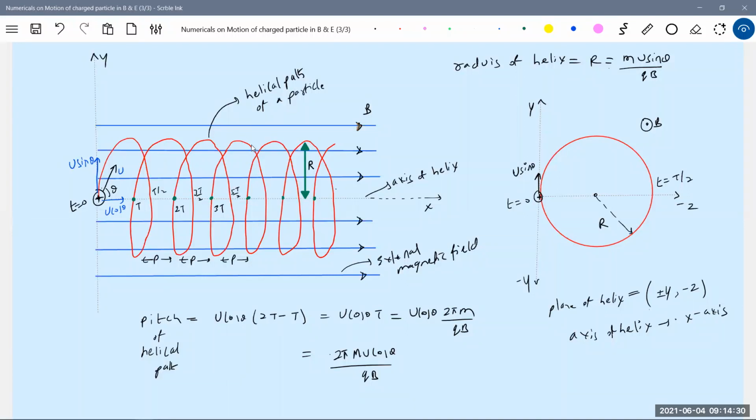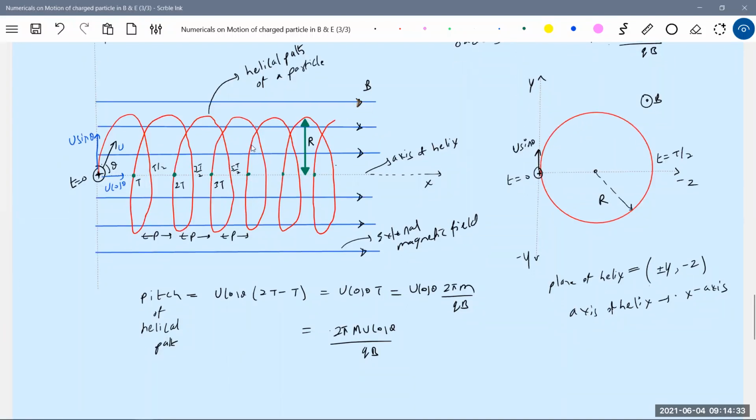So how to calculate the position vector? I will directly take help of yesterday's discussion: how to calculate the position of a particle at any time t. After t equals 0, after some time t, the particle will be available here. This velocity I'll call v in the yz plane, u sine theta.